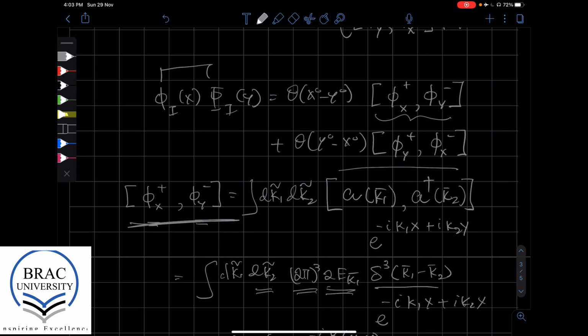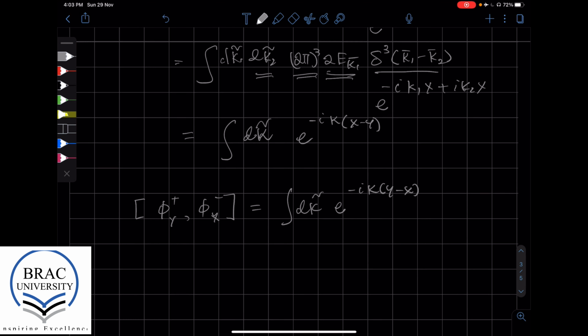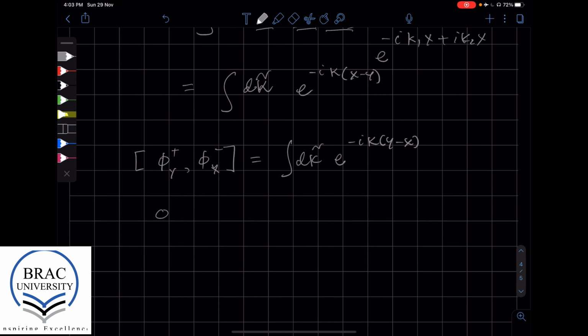So what we have shown, if you go back and compare with the expression for the Feynman propagator, is that the contraction of phi_I(x) and phi_I(y) is nothing but the Feynman propagator.